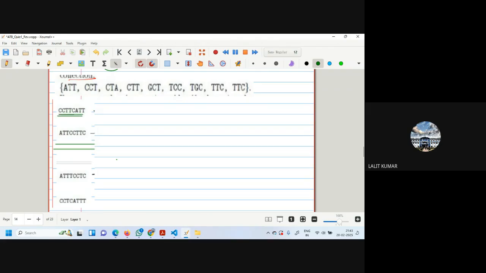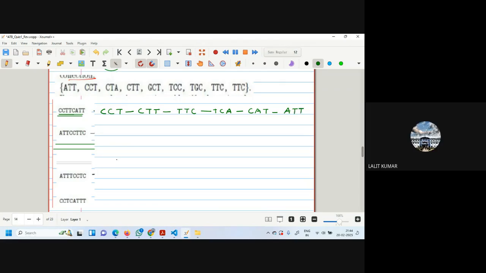If this one has been made, it will be CCT and CTT and TTC, TCA, then CAT, and ATT. It will form from here only.